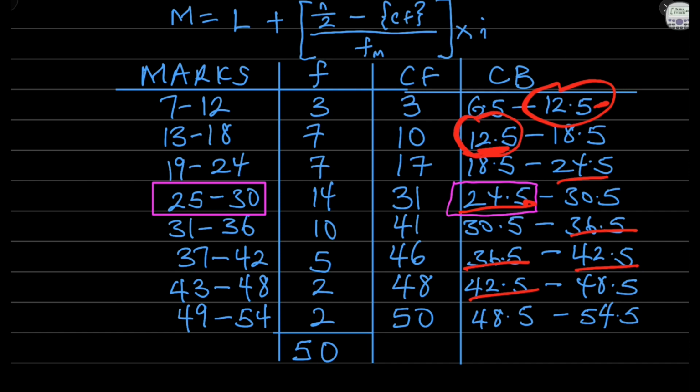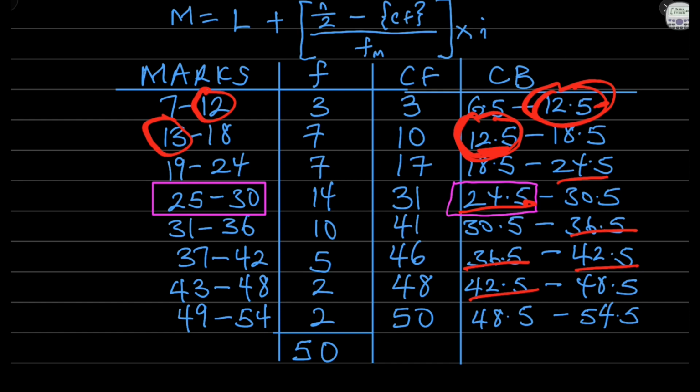The essence of the class boundary is to bridge the gap that we have in the inclusive type. There's a gap here. After 12 we move to 13, so there's a gap. Unlike this, after 12.5 the next is 12.5. So the class boundary is introduced to help us bridge that gap. If you have the exclusive type, you don't need class boundaries because there are no gaps.